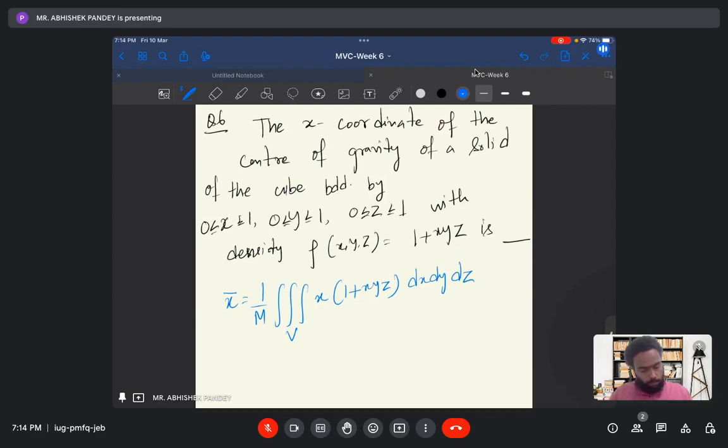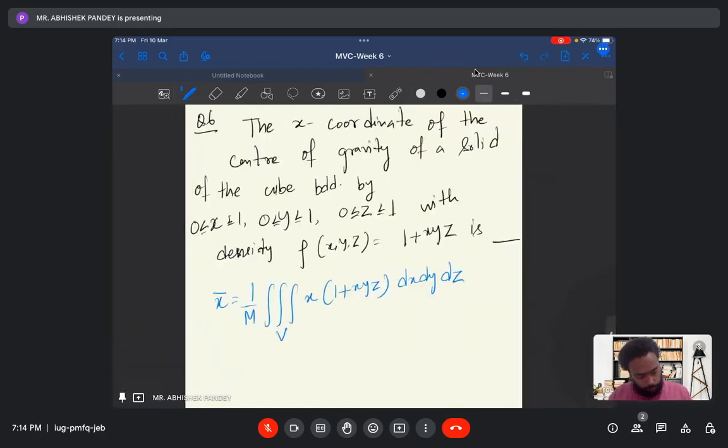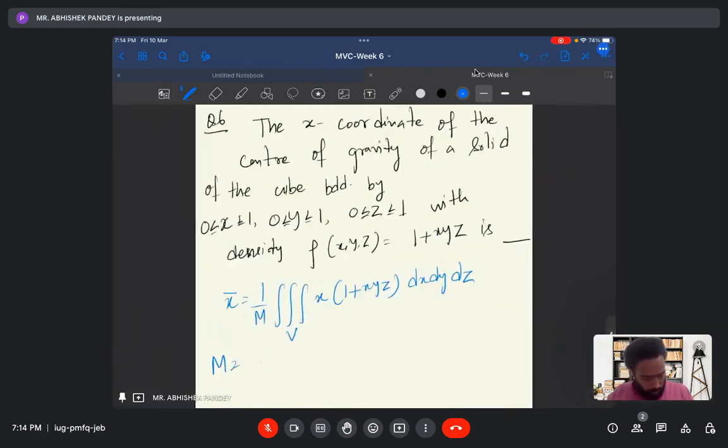But for that we need to find the mass, and the mass is the triple integral of rho of x y z dx dy dz.